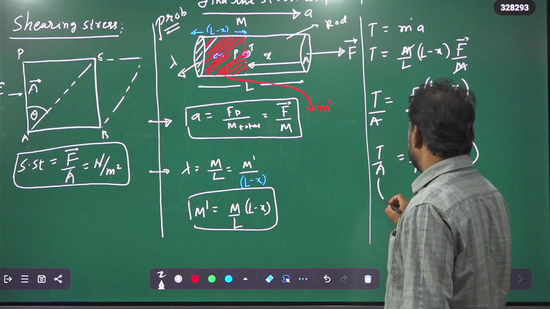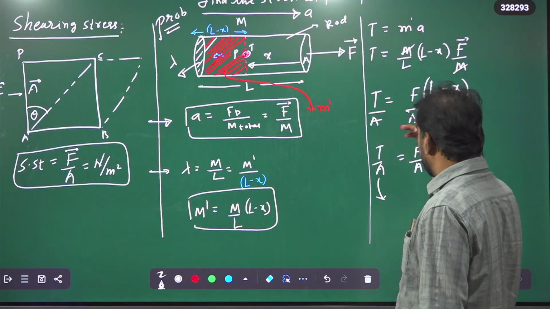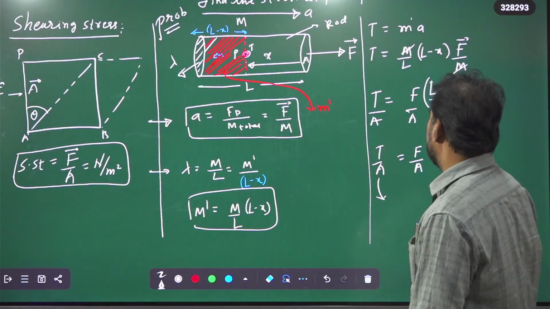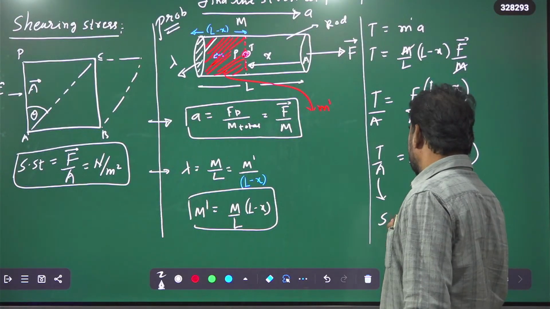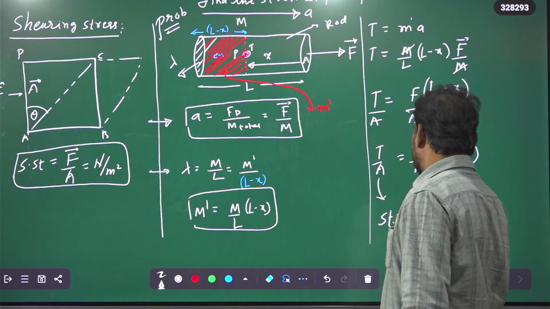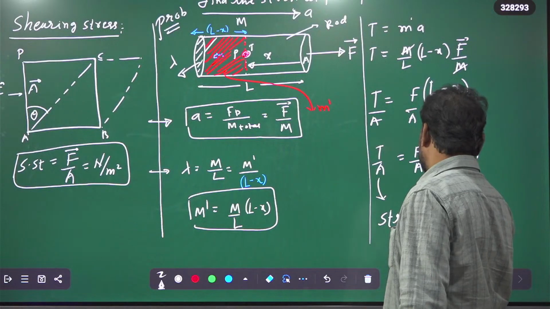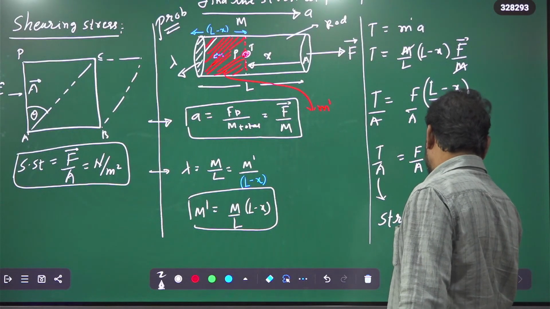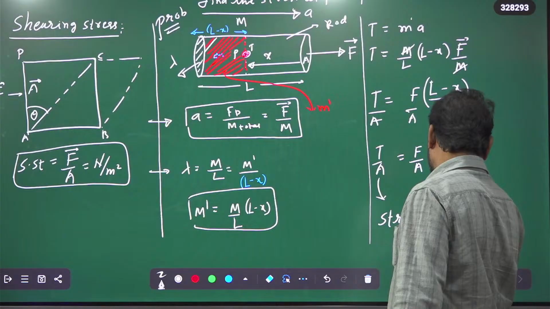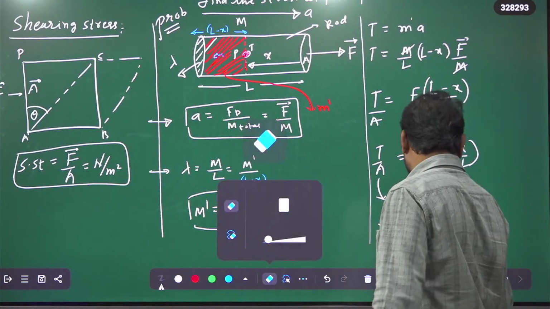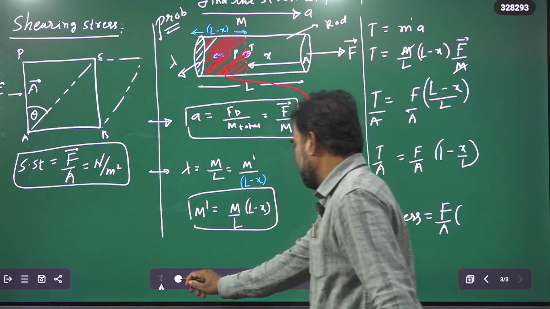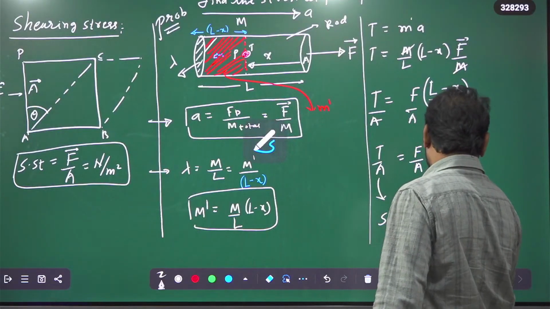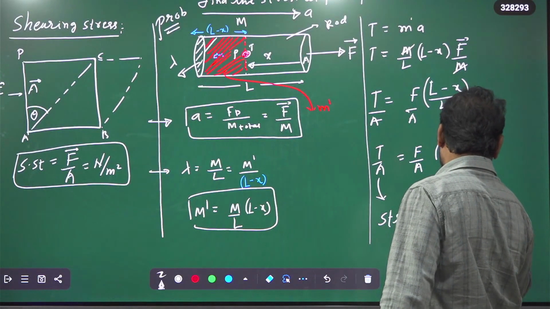This is the tensional force. The tensional force acting per unit area is called what? Stress. The tensional force acting per unit area is called stress, equal to F upon A into (1 minus x upon L).